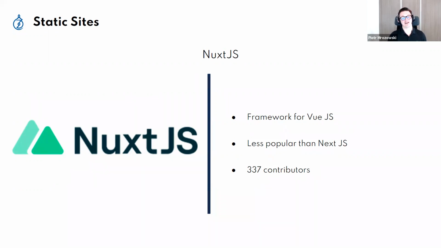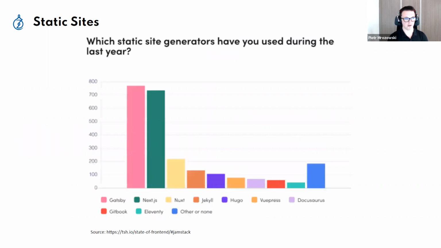But they kind of won the right on the popularity, is what it seems like to me. Even fewer contributors, only 337. Still not very popular, but like I said, Vue is growing. So if you don't fancy Next, Nuxt might be worth checking out.